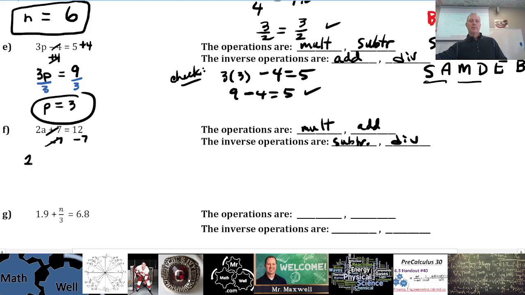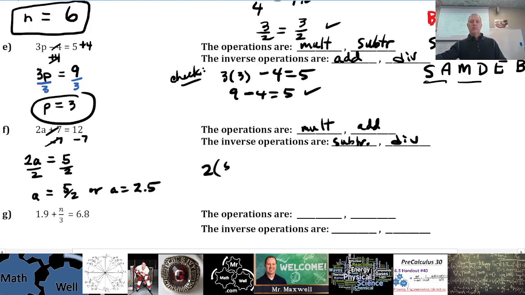Those are gone. 2a equals 12 minus 7, which is 5. Now we do dividing next. So divide by 2, divide by 2, and a equals 5 over 2, or a equals 2.5 as a decimal.